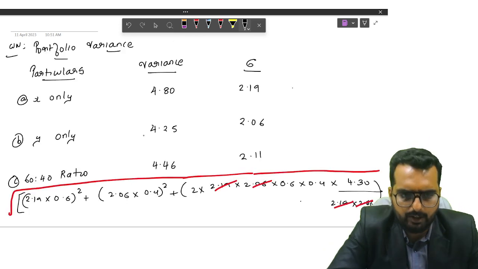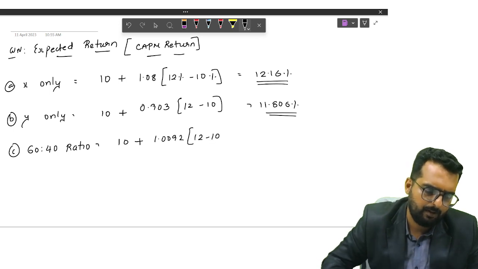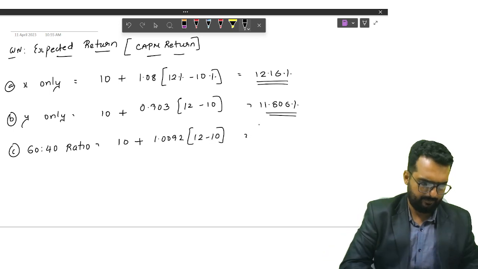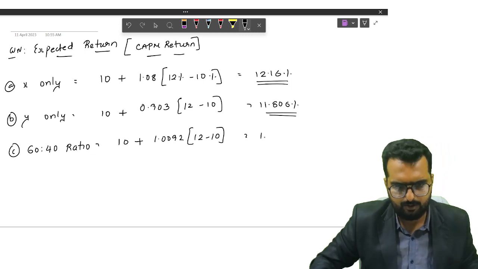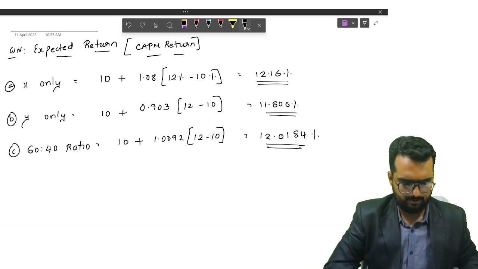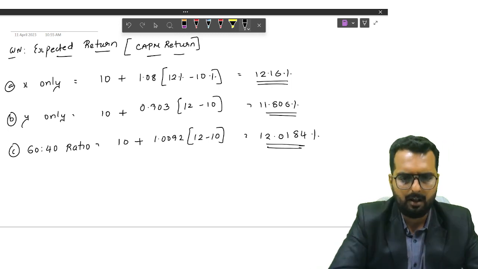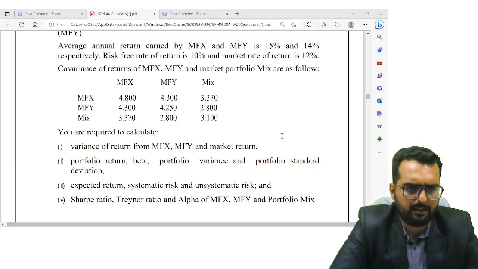So 10 into, you will take the overall beta now. What is the overall beta? 1.0092. Do you get the answer as 12.0184%? Okay, everybody is clear so far. So we got the expected return also.